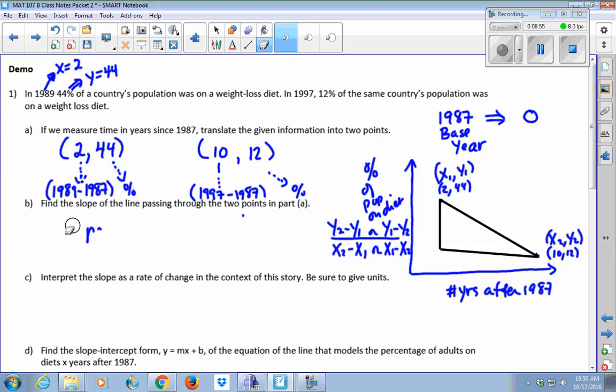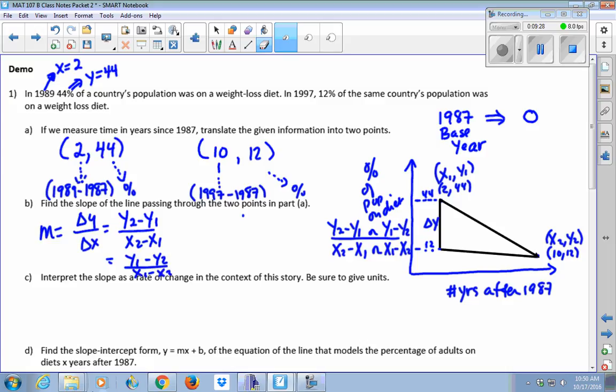Okay, so I'm just going to do a little erasing here to give myself some room. All right, so the change in our y values can be seen by this vertical distance right here. So this is at a height of 44 and at a height of 12. So the change in my vertical distance can be written as y2 take away y1 over x2 take away x1, or as I mentioned, y1 take away y2 over x1 take away x2.